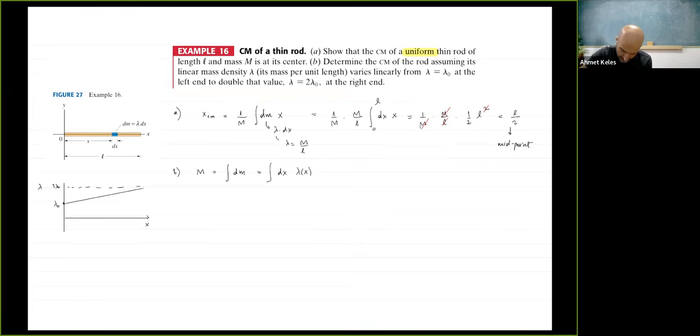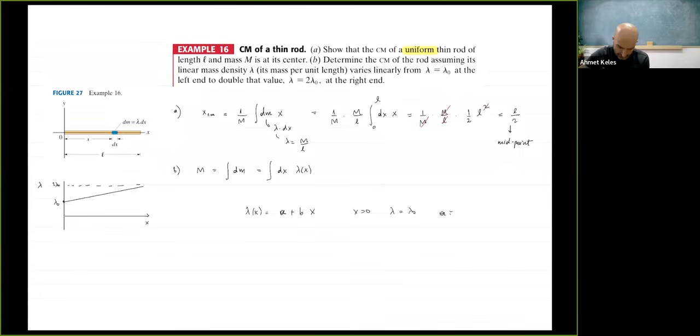For x equal to 0, lambda is lambda 0, then a is equal to lambda 0. And for x equal to L, lambda is equal to 2 lambda 0. So lambda 0 plus b times L is equal to 2 lambda 0.